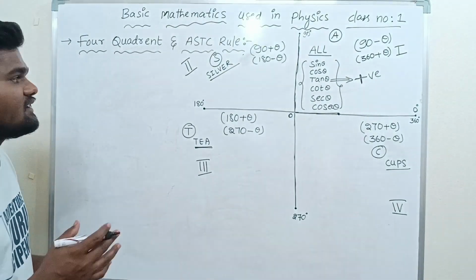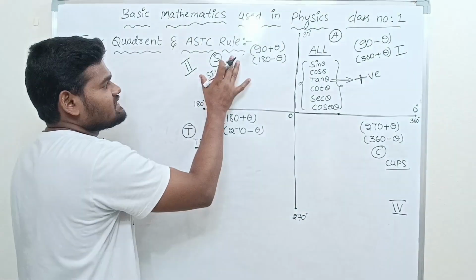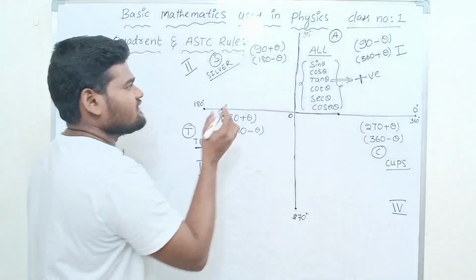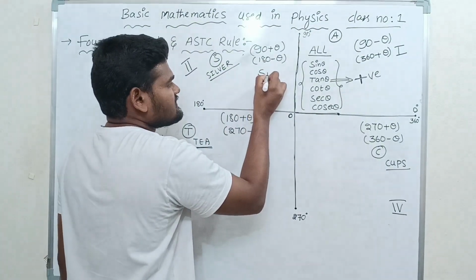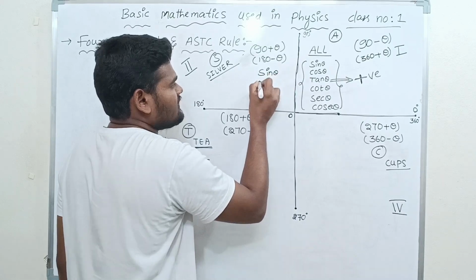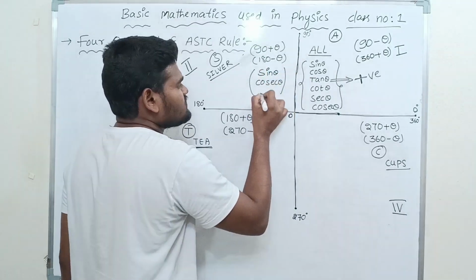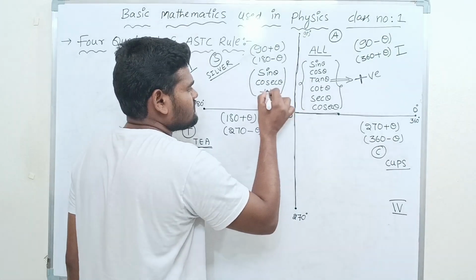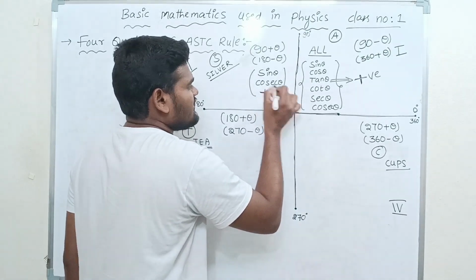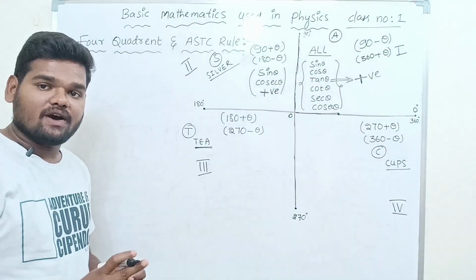Is it clear? In the second quadrant, S stands for silver. Only sin theta and cosec theta are positive.